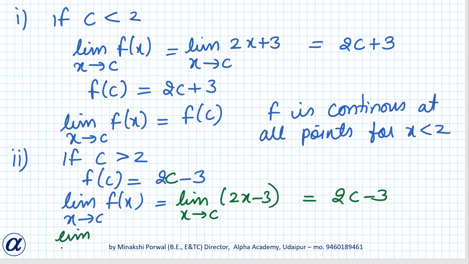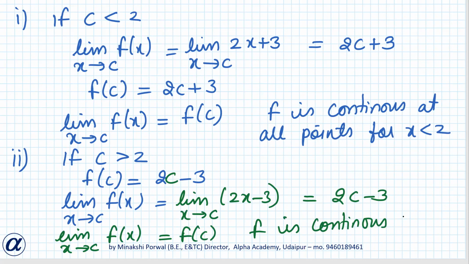So the limit as x tends to C of f(x) equals f(C). So f is continuous at all points for x greater than 2. Written? Copy this. Yes.